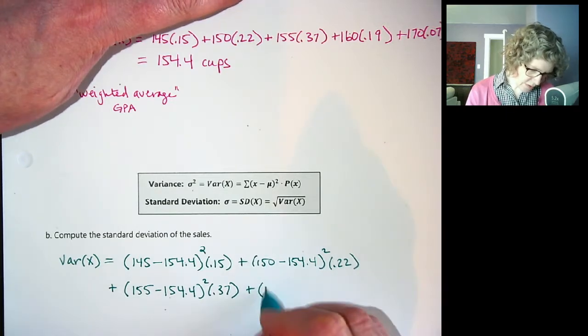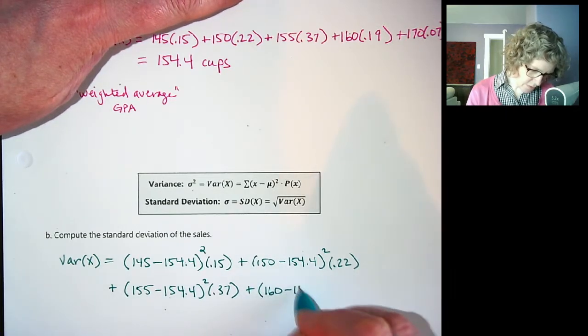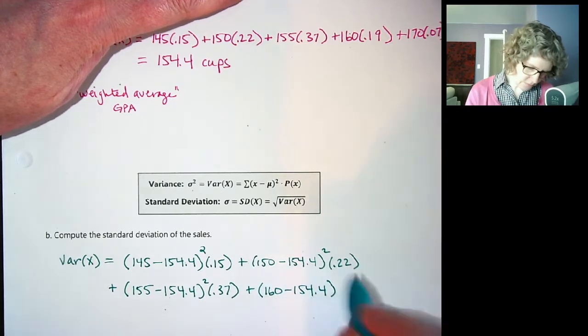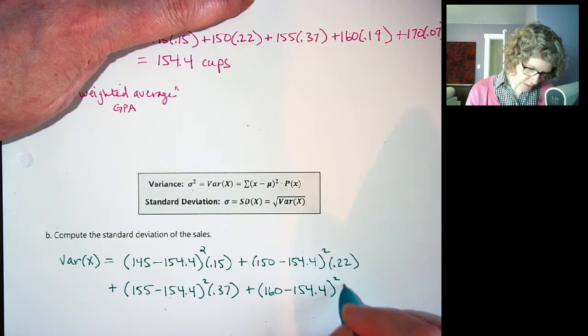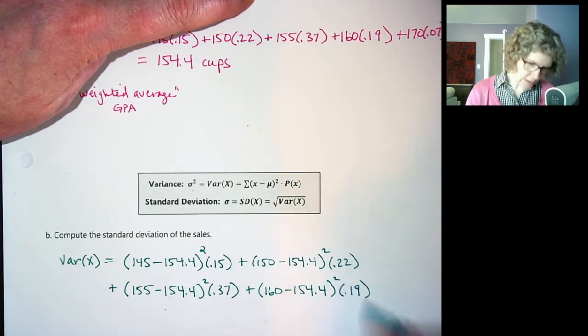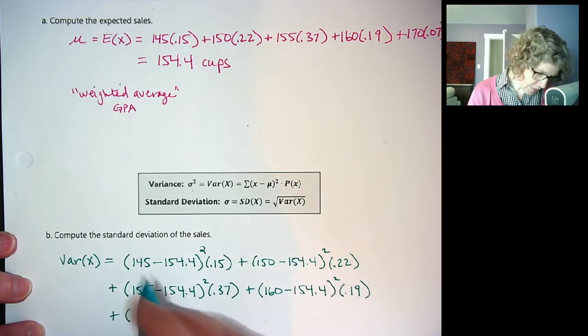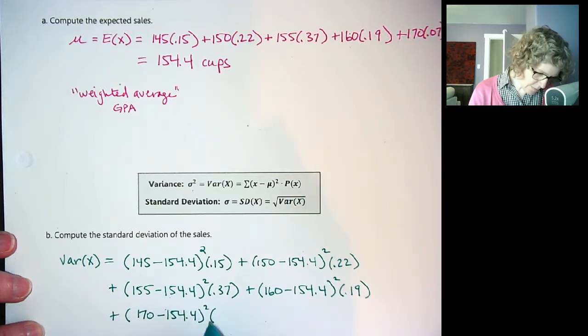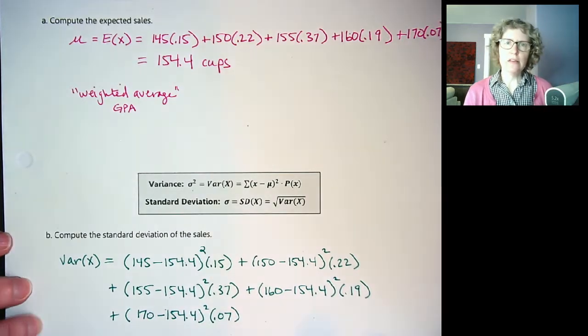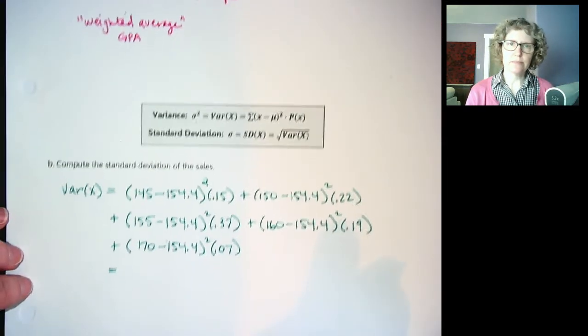The next one is 160 minus 154.4. That's the deviation. Then we square it, multiply by its probability. And we have one more. 170 minus 154.4 squared times 0.07.